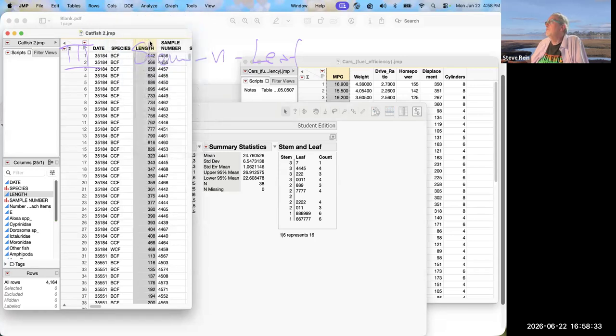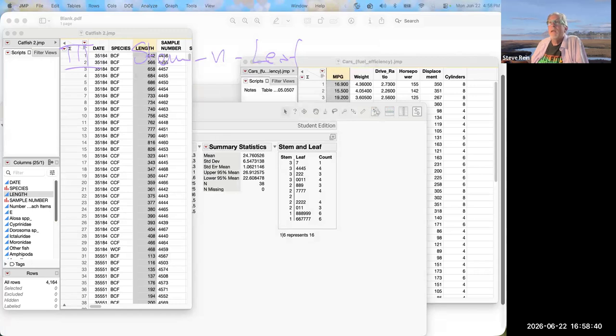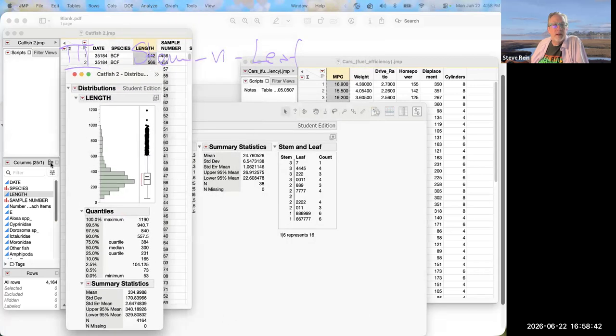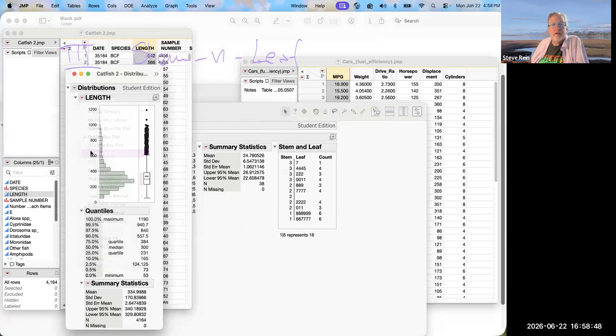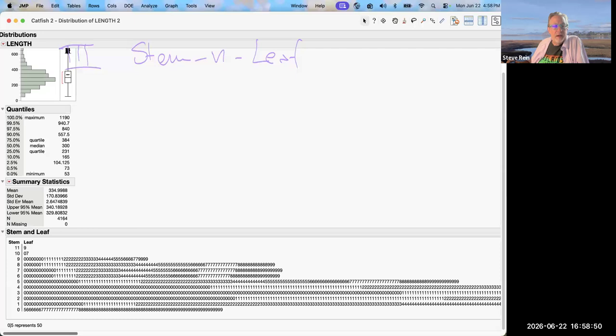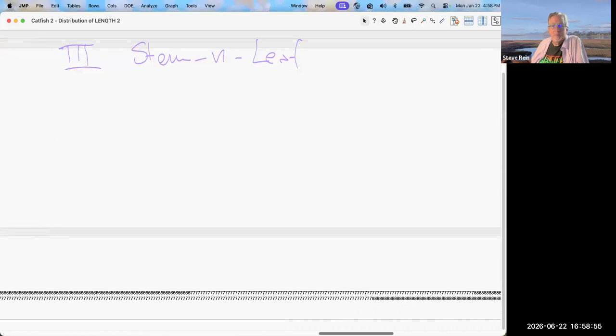Analyze the distribution of the lengths of the catfish. Again, it appears over here. Let's try the little red triangle and turn on our stem and leaf diagram. Oh, I'm thinking that's not so helpful, is it?